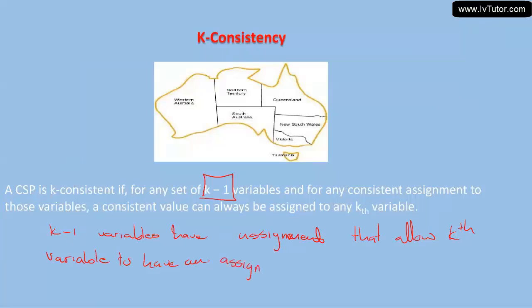K minus 1 variables have assignments that allow the K variable to have an assignment.